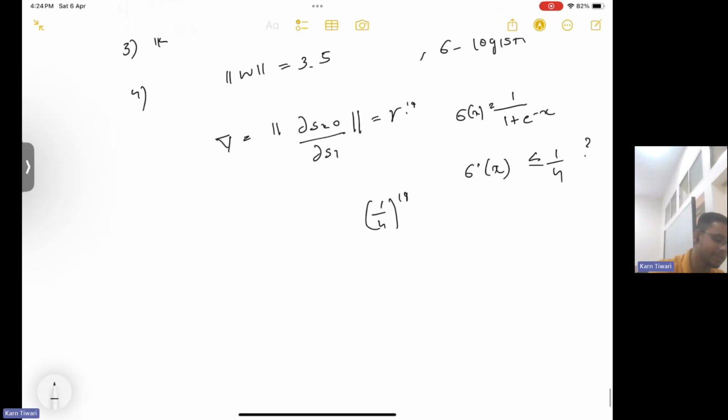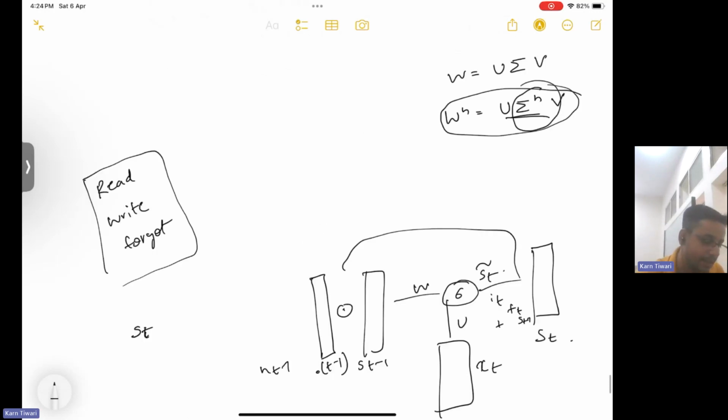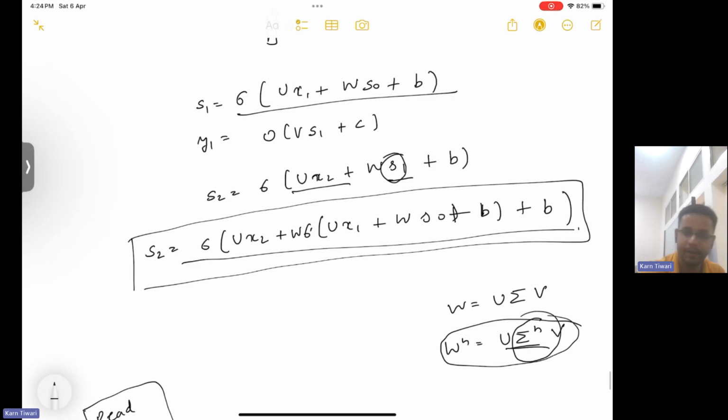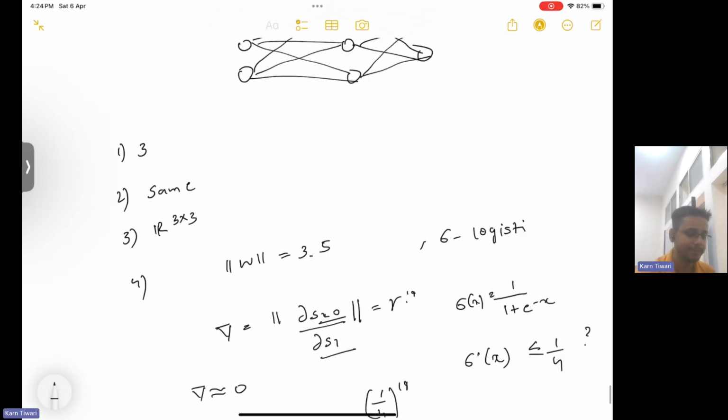So the value is approximately equal to 0. This is the derivative of the hidden representation at time 20 with respect to the hidden representation at time 1. And we saw there is a recurrence relation; you can expand it and see the pattern.